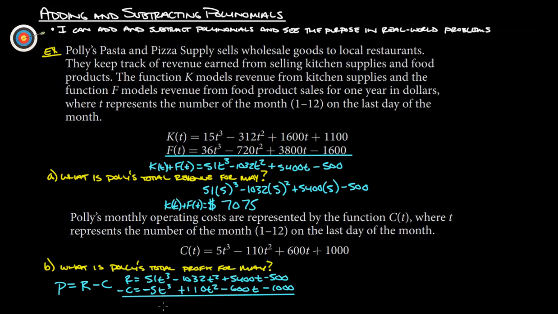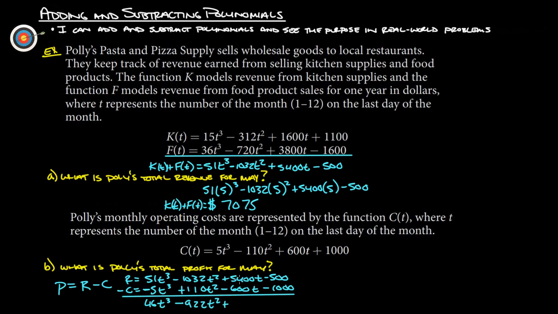So 51t cubed minus 5t cubed is 46t cubed. These two have opposite signs, so we subtract them and keep the sign of the bigger one, which is the negative, and we get minus 922t squared. These are opposite signs.